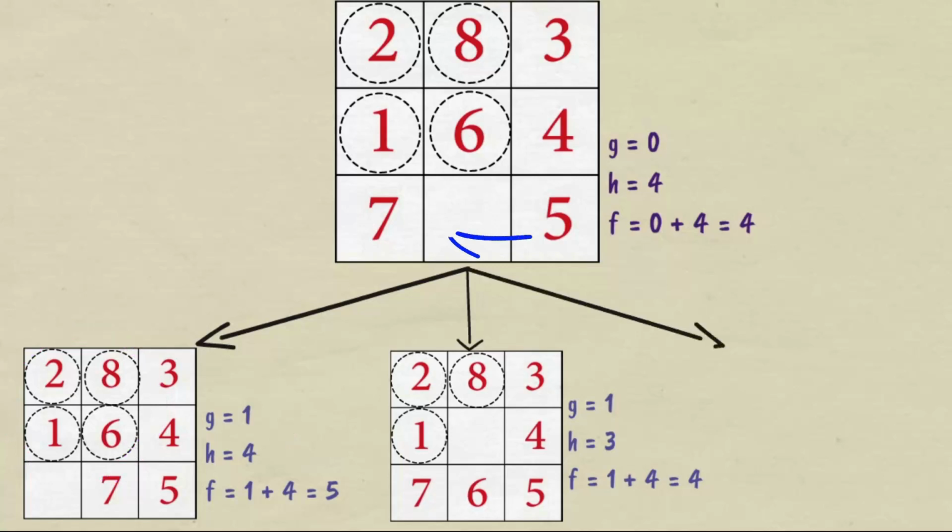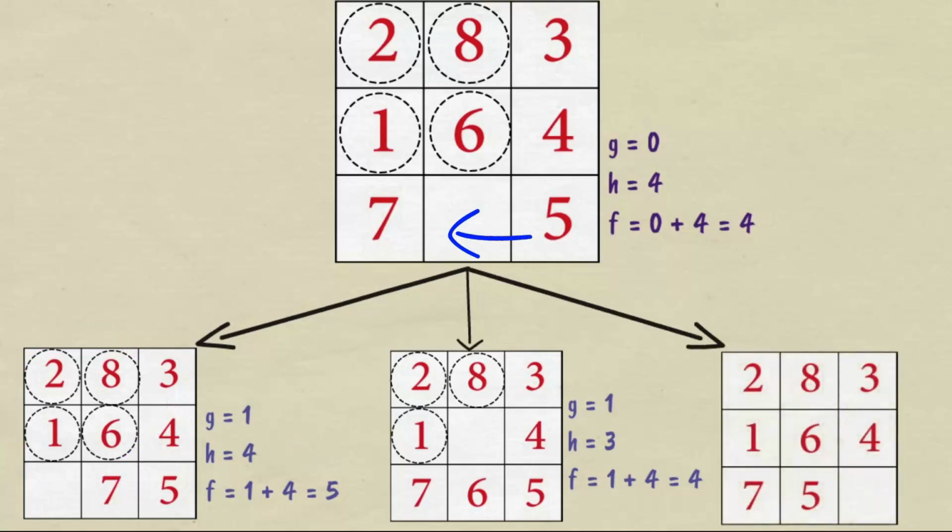If tile 5 moves left, then we have 5 misplaced tiles, so the estimated cost of the path at this stage would be equal to 6.